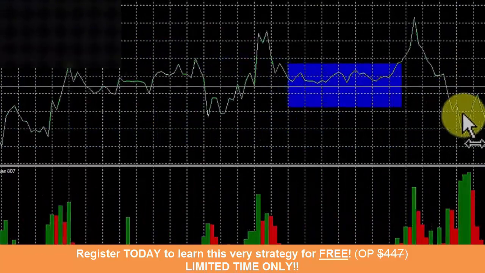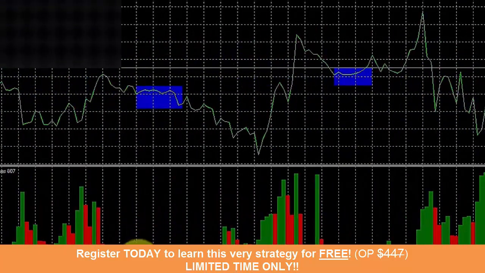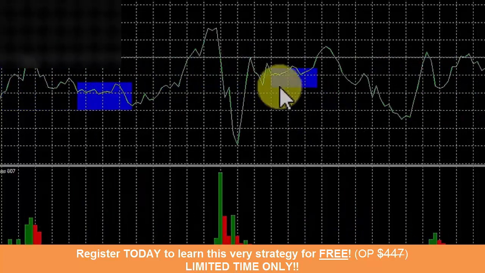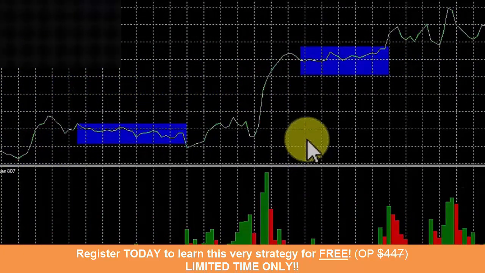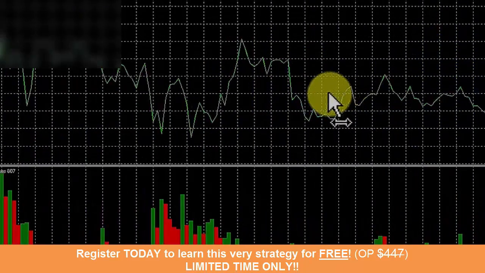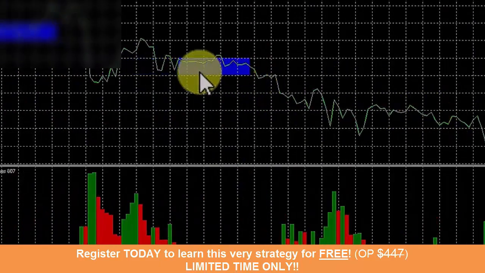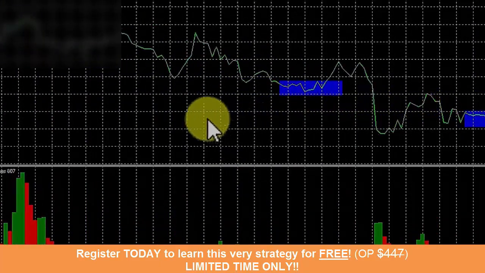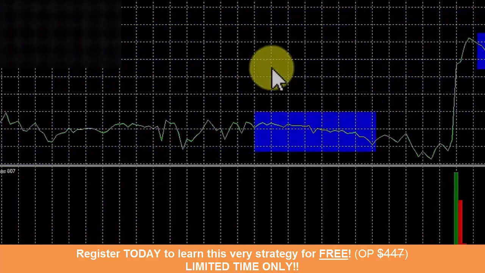I'll just scroll through and you can see that it's in between high volumes, in the low valleys of volumes. Here he didn't trade. Low volume, low volume. You get a picture.